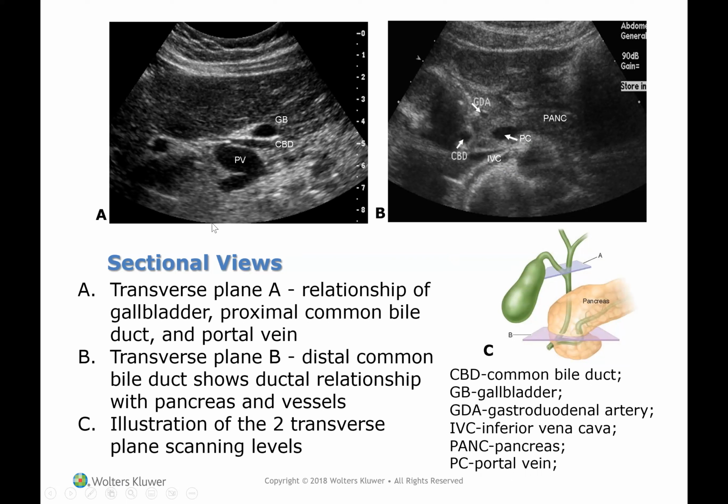So the transverse plane A is the relationship of the gallbladder with the proximal common bile duct and the portal vein. So we're up here, and it's pretty tiny up there. And then B is through the pancreas.